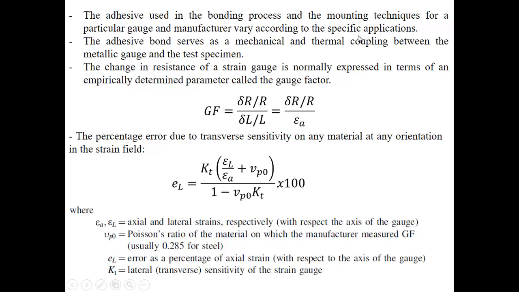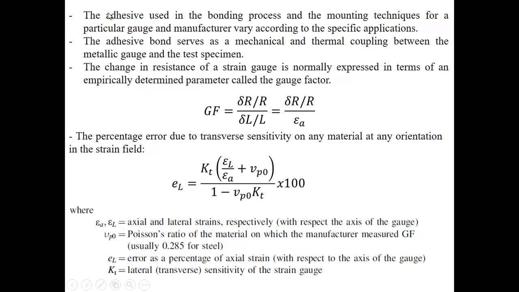It depends. If you want to put a strain gauge on the suspension, for example, you need to make sure the adhesive bonding is very good so that the strain gauge does not come off when it is operating.